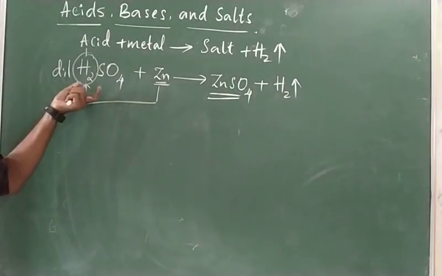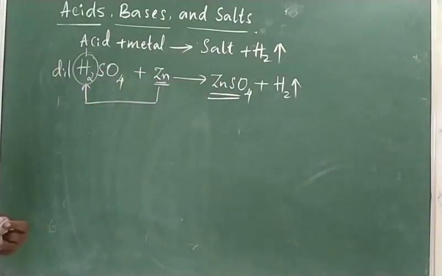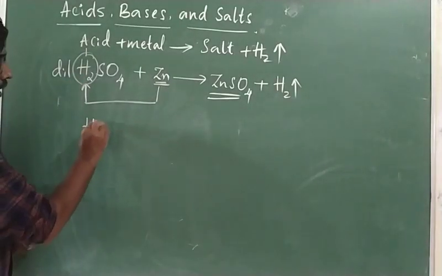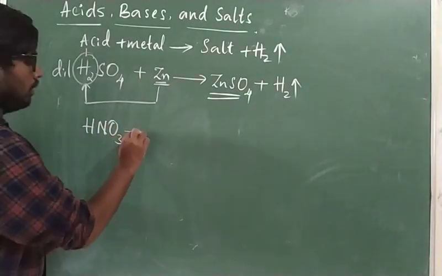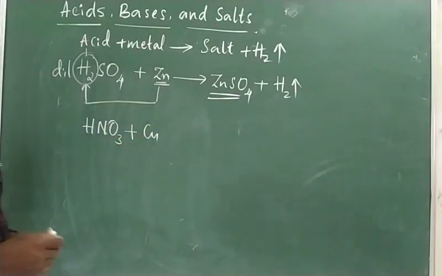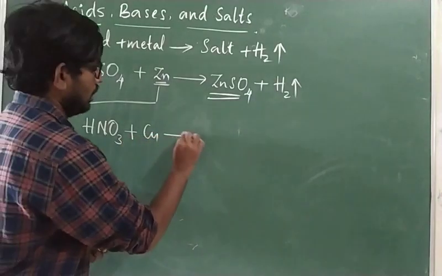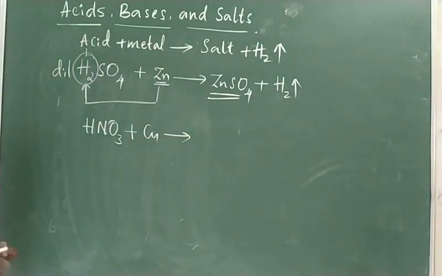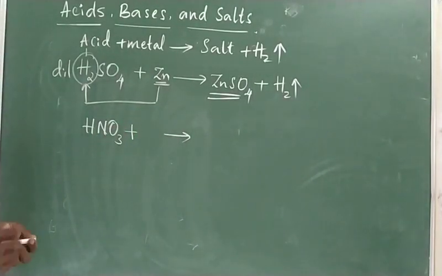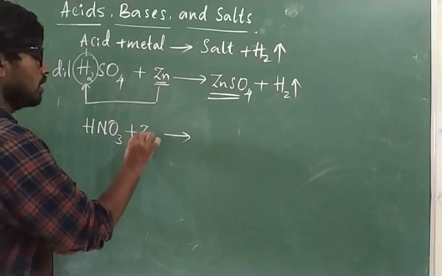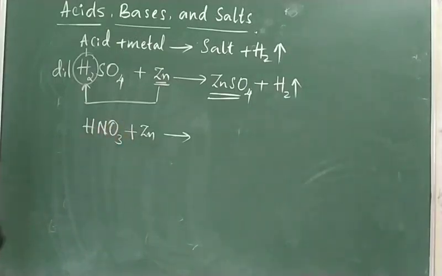Do all acids give hydrogen gas? If you take nitric acid, HNO3, instead of sulfuric acid, and if you take copper, what will it do? You may get confused again. Why? Because copper is less reactive compared to hydrogen. Even if you take zinc, it is not going to produce hydrogen gas.